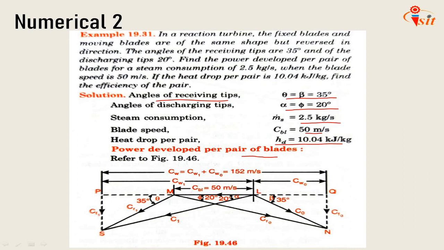Cbl is given and all the angles are given, so from that we calculate the values. Here Cw1 plus Cw0 equals 152 meter per second.